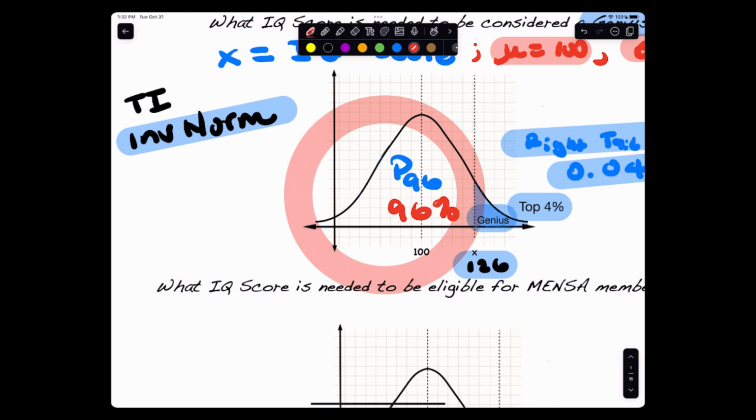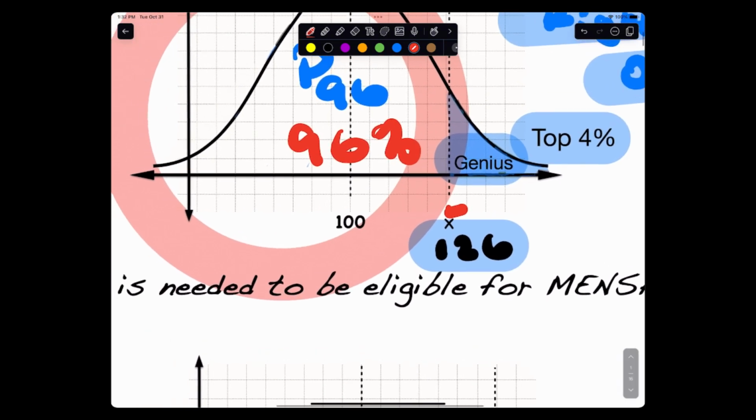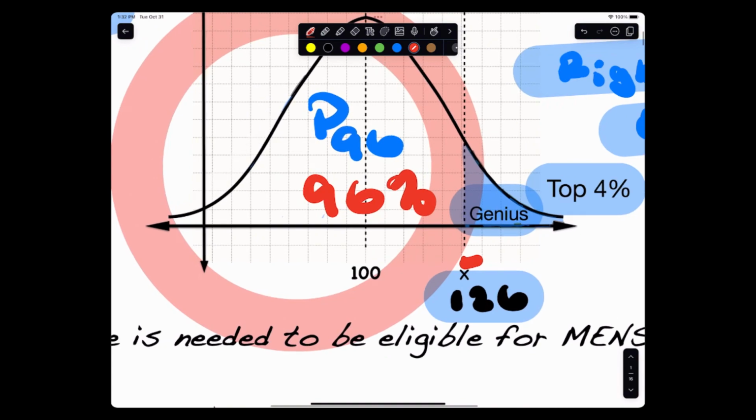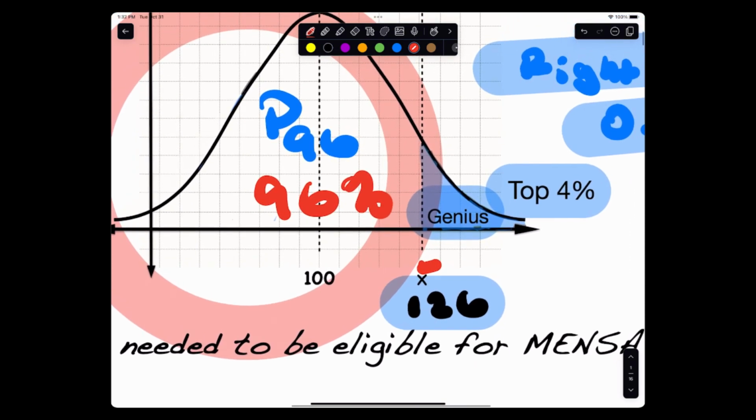So you might say, what in the world is a default? Well, you see the X value that they're looking for here, right here, this X value? 96% of the bell is to the left of that X value. Do you guys agree? If you're talking top 4%, that means 96% is to the left. The complement.